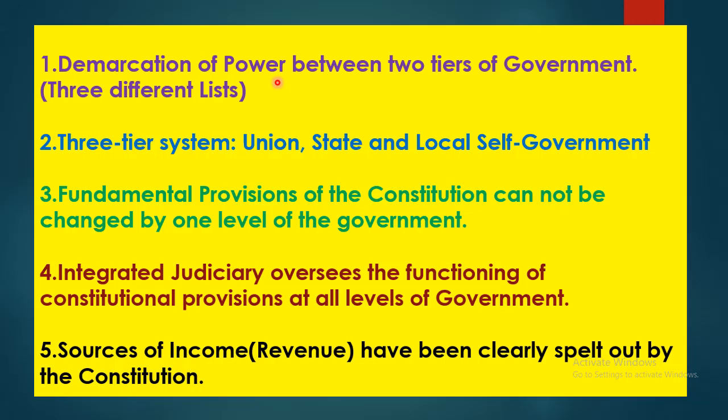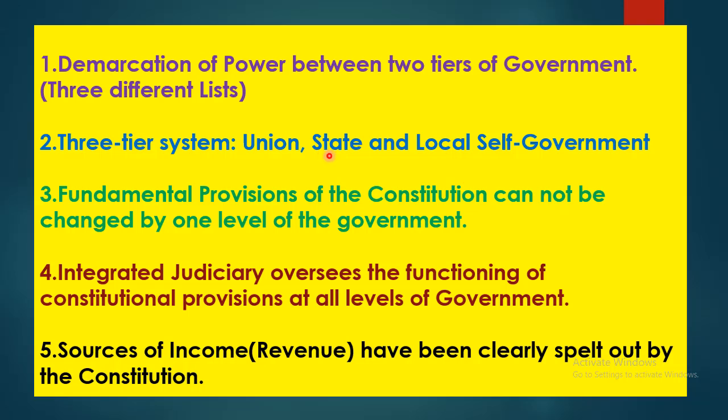Children, point number 2 says three-tier system: union, state and local self-government. India is a federal country. We have a three-tier system of government. For the whole country, you have the union government or central government, and we have different states.